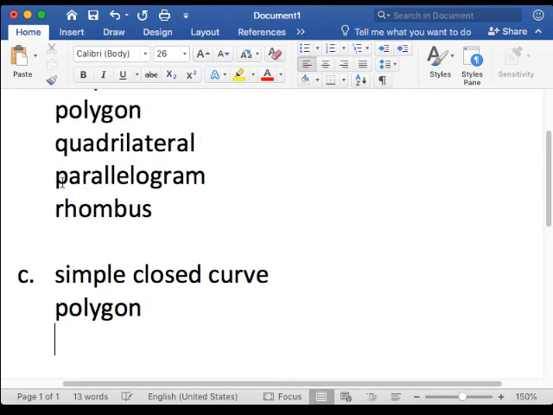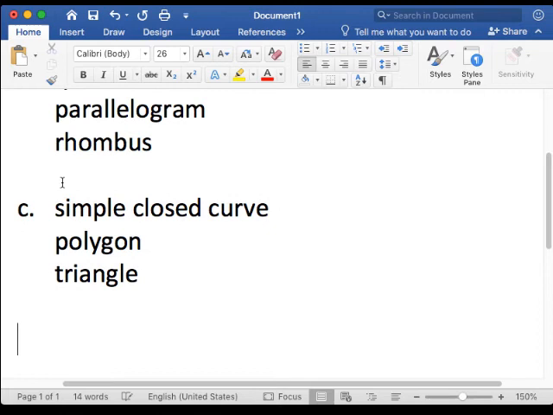Polygon. And is it a triangle? Number 3, polygon with 3 sides. Yes, it is. And look at that. We're out of space because it doesn't qualify for any of the other things, right? A quadrilateral has 4 sides. Parallelogram has 4 sides. Rectangle, square, trapezoid, and rhombus, they all have 4 sides. So if we have 3 sides, that's where we stop.